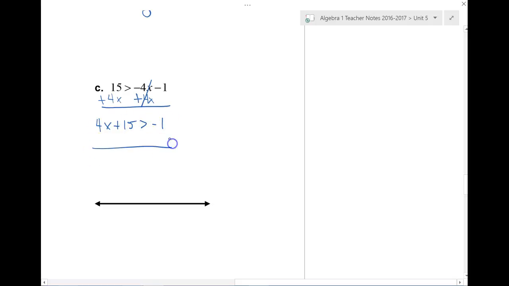Okay. And we just still have negative 1 over here. And now I want to subtract the 15 from both sides because I don't want the number on that side. Okay, and then what I'm going to do here is add negative 1 and negative 15. So negative 1 minus 15 is negative 16.